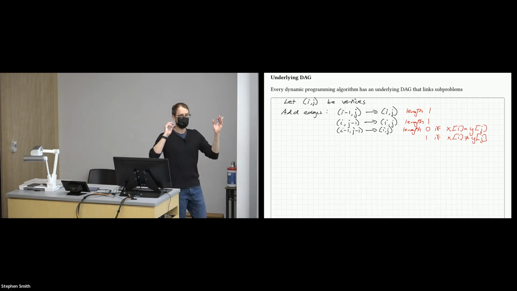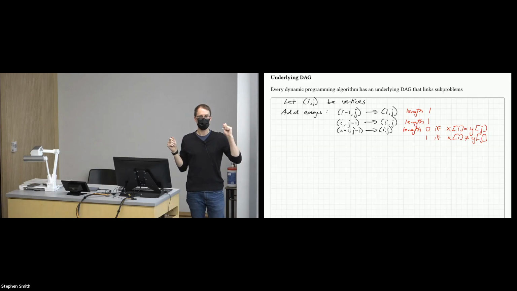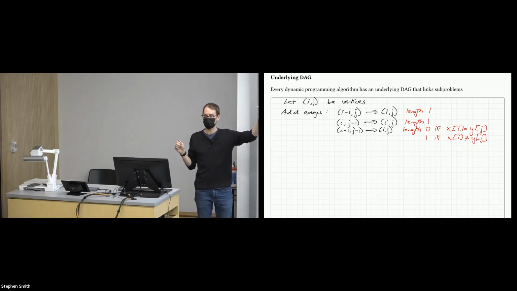And now I can draw out this graph, and what I'm trying to do then is compute the shortest path from the vertex (0,0) to the vertex (m,n).